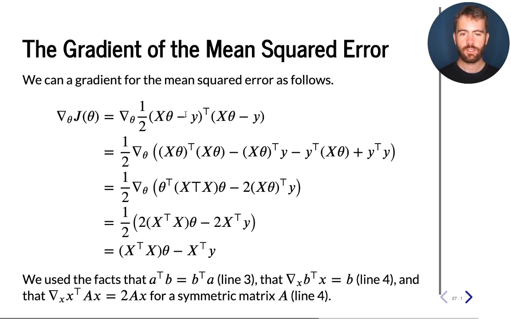So this dot product equals the dot product of x theta with x theta, x theta with y, y with x theta, and y with y. This is just really simple algebra. Now, since we're taking a derivative and this term is constant, we can remove it. We can also see that these two terms are the same, using the property that A transpose B equals B transpose A.